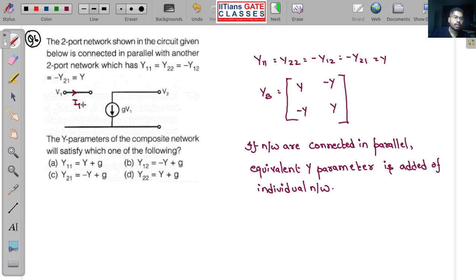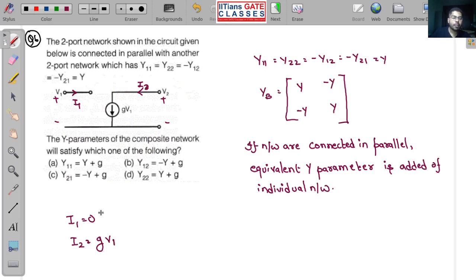Here I1 current is flowing, this is plus minus V1, this is plus minus V2, this is I2. So what do you see? I1 is equal to 0. Why 0? Because this is open circuit. What about I2? I2 is equal to G V1.